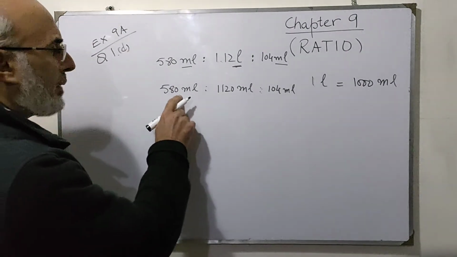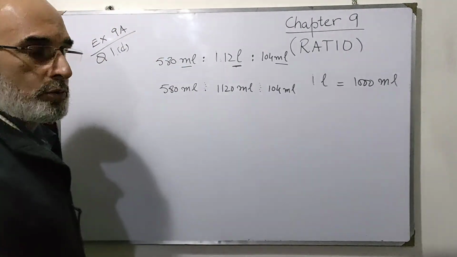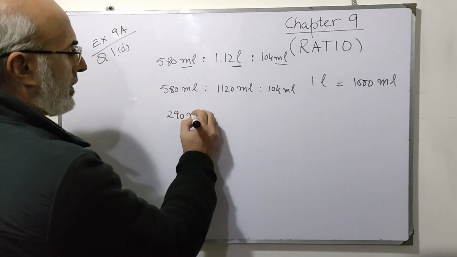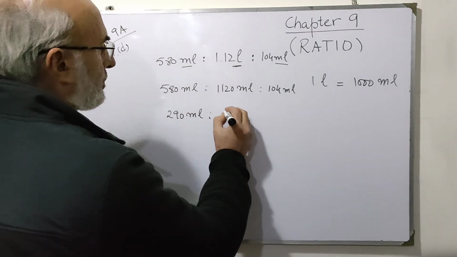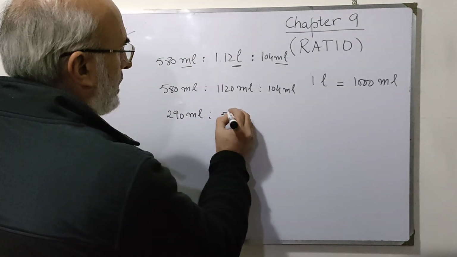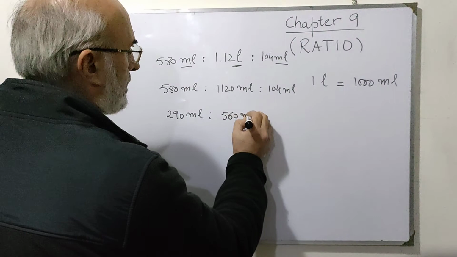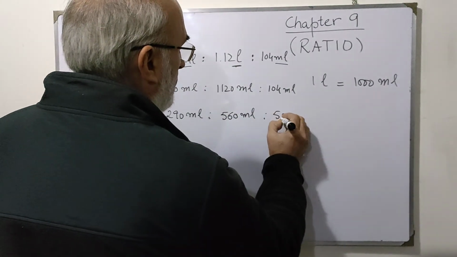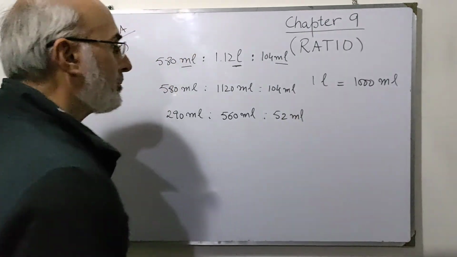So I'm going to divide all by 2. Here I have 290 ml is to 560 ml is to 52 ml.